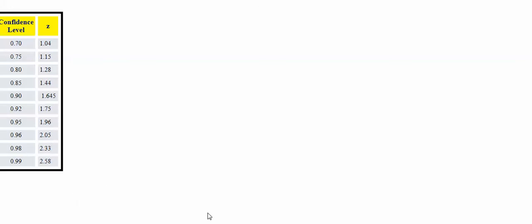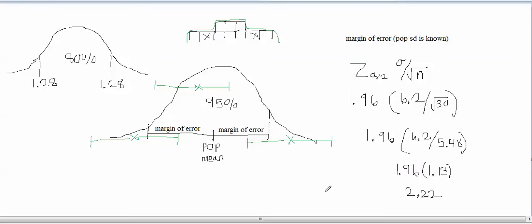What that does is, when you calculate the margin of error, you're plugging in a bigger z-score, and that makes the entire margin of error become larger. And if the margin of error becomes larger, then when you create the confidence interval, you're adding and subtracting a bigger number, a bigger margin of error, and the confidence interval becomes wider.